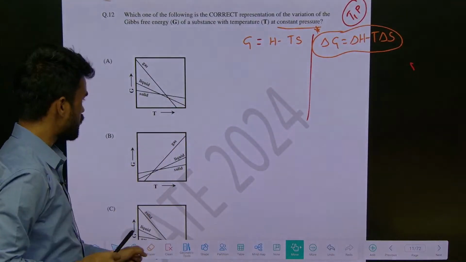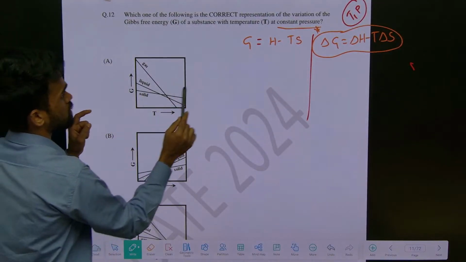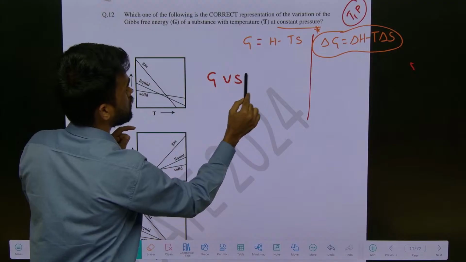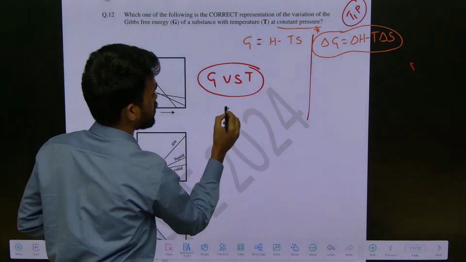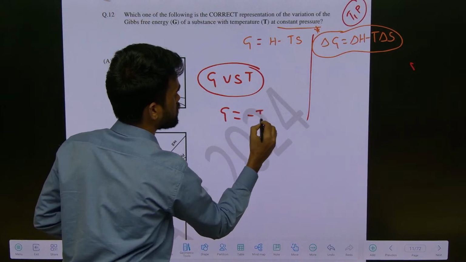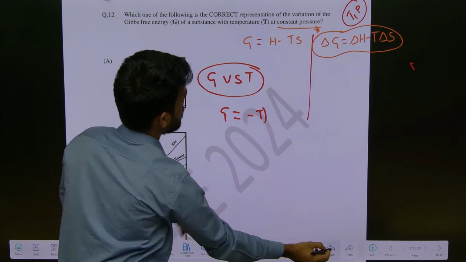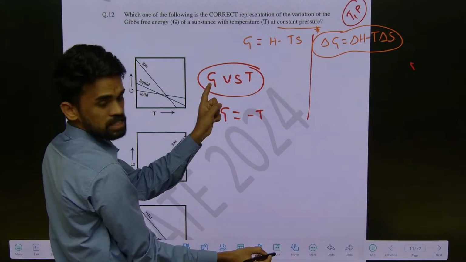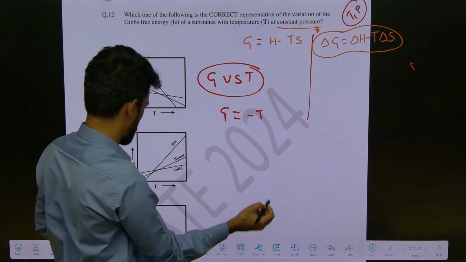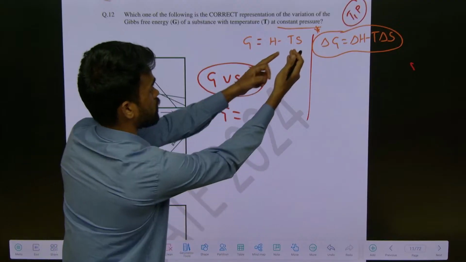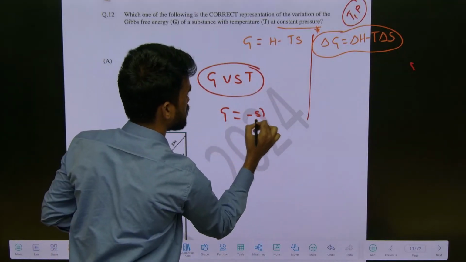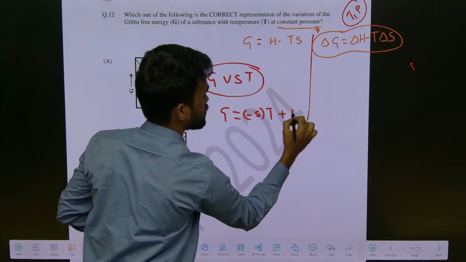Here they are asking us to draw G versus T. So the y axis is G, and the x axis I should take T. From here, G is equal to minus S into T plus H. Can we write it like this?